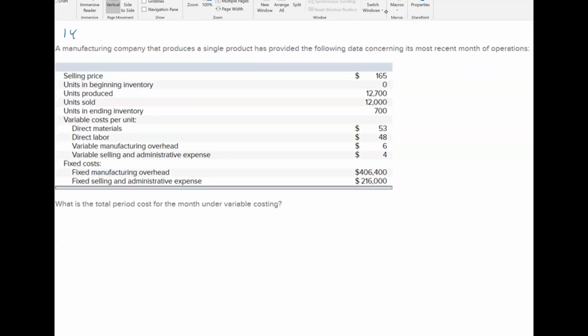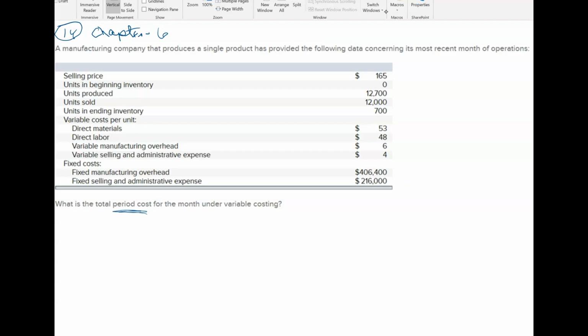Okay, 14. 14 starts chapter 6. And here we're looking for the total period cost using variable costing.